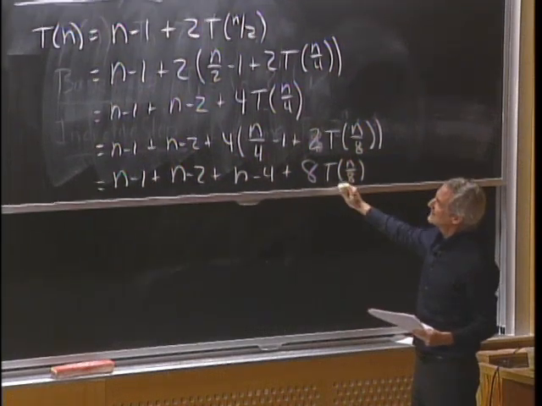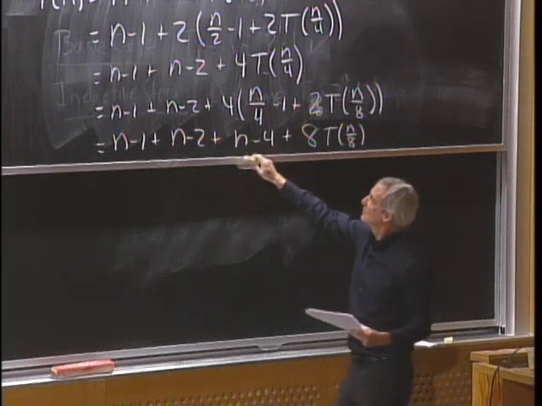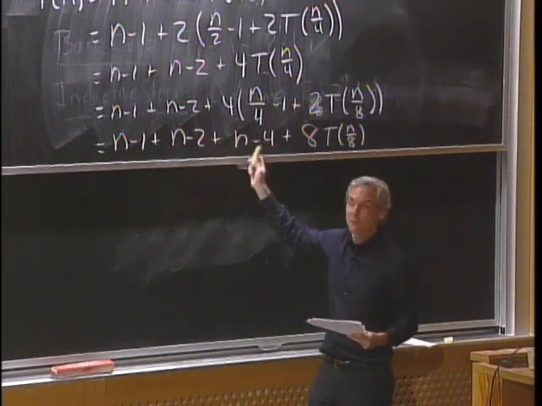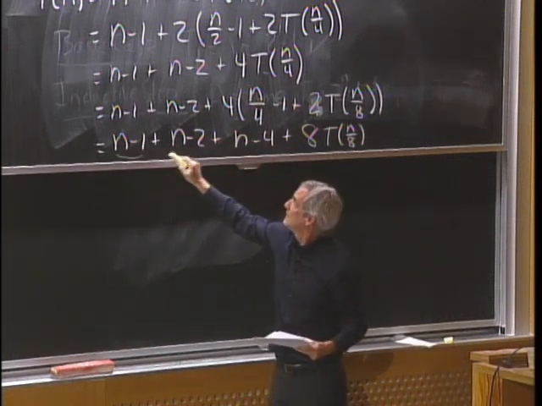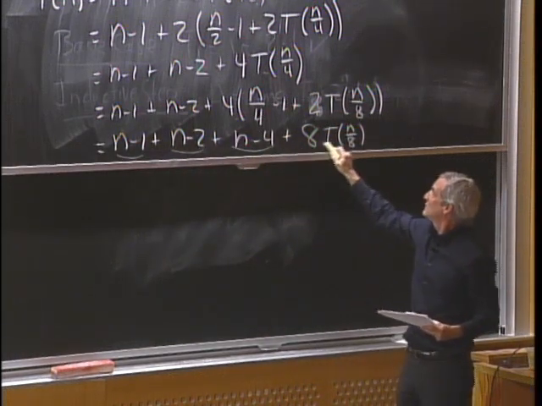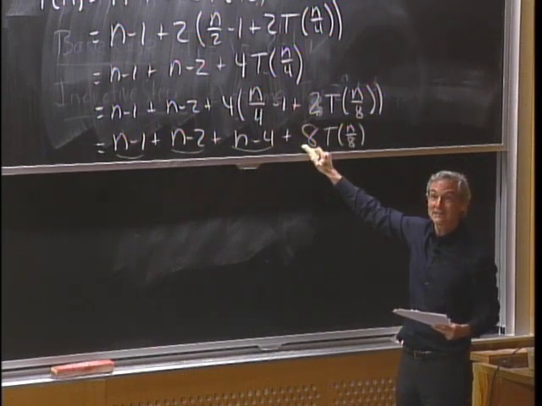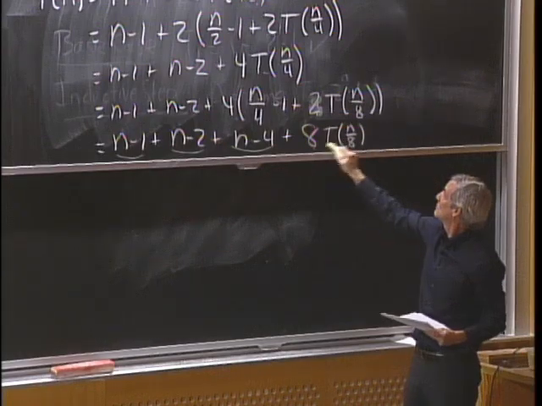All right, can you start to guess the pattern here, maybe? We probably should do one more to be safe, but you've got an n minus 1 plus an n minus 2 plus an n minus 4. And if we do one more, what's the next term going to be? n minus 8. And this is looking pretty simple.